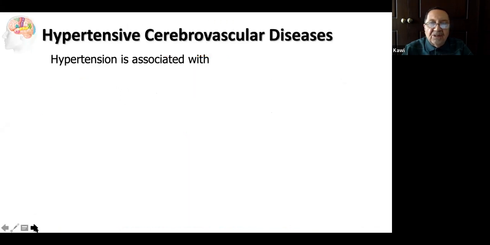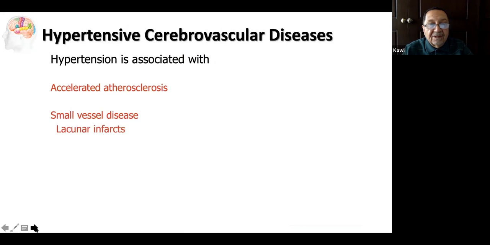Hypertension is, as I mentioned, important in causing cerebrovascular disease because it is associated with accelerated atherosclerosis, and it causes small vessel disease. Small vessel disease is the cause of lacunar infarction, and it is the cause as well of intracerebral hemorrhage, as we are going to see later on.